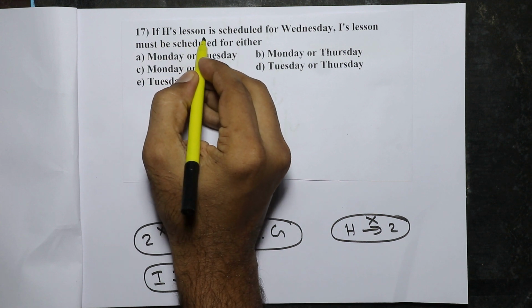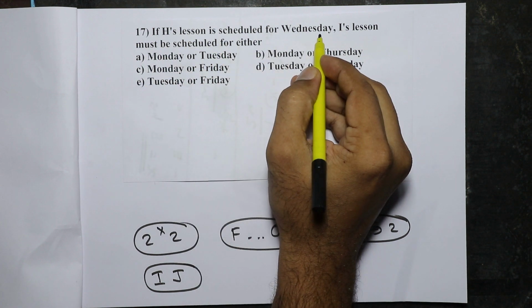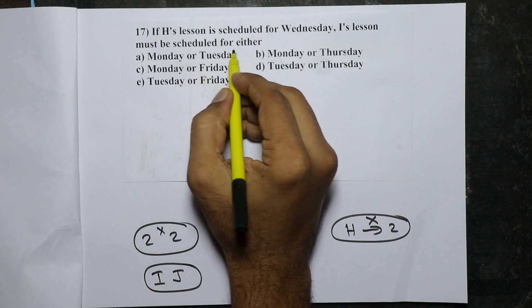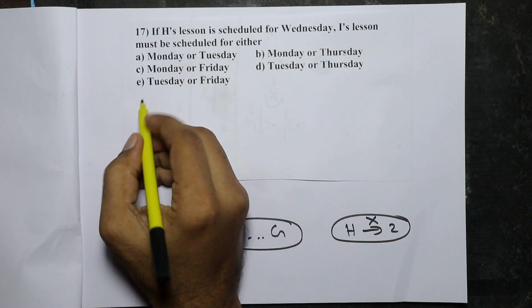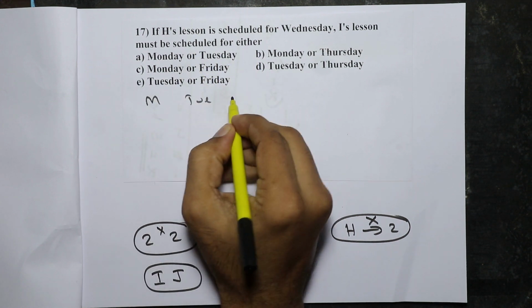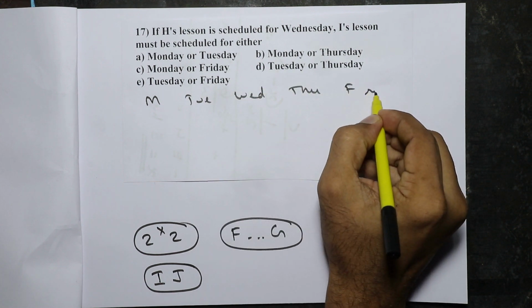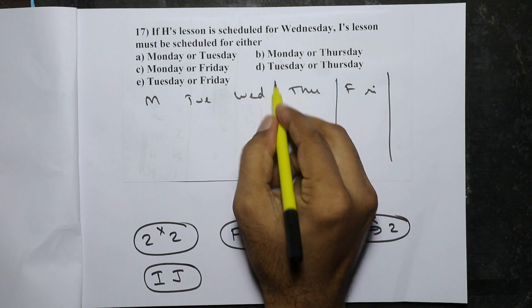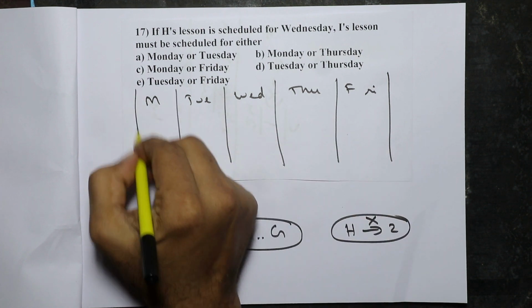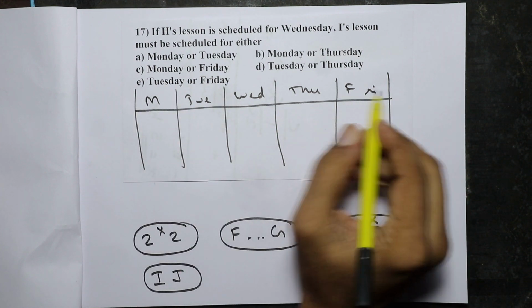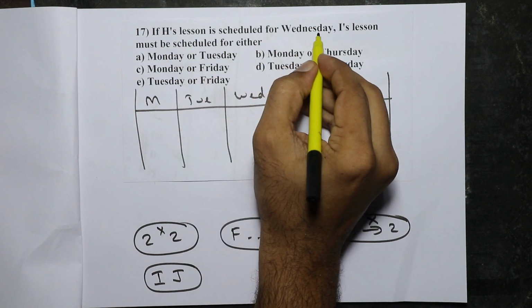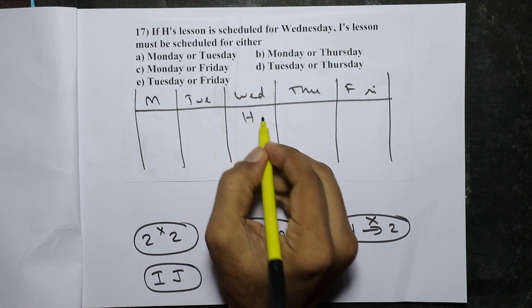If H's lesson is scheduled for Wednesday, I's lesson must be scheduled for which day? So you have Monday, Tuesday, Wednesday, Thursday, and Friday. H's lesson is scheduled for Wednesday. So H is here.